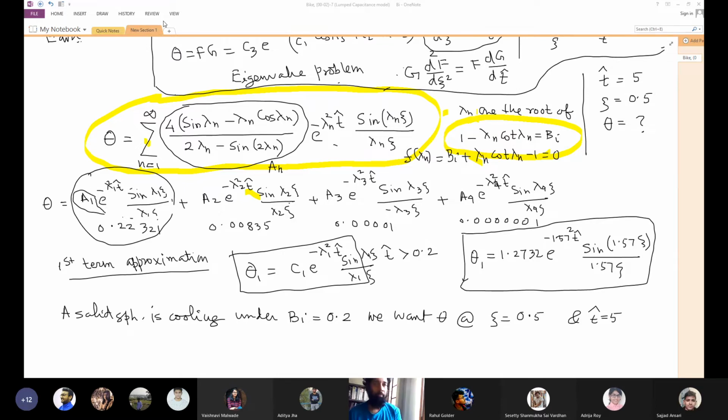Some more. Shanmukh, you have some zero missing. Just check carefully. It's exponential minus lambda square, so just make sure that you have this lambda square.